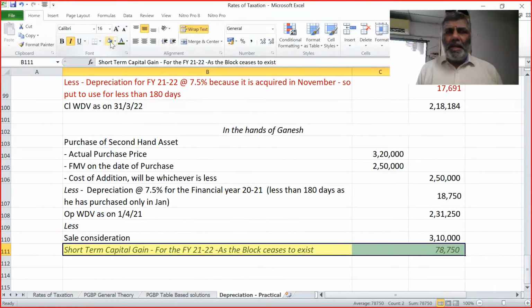They can sell the asset at a higher value. Generally, the intention of the law is to discourage this.